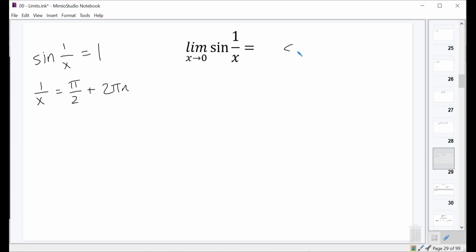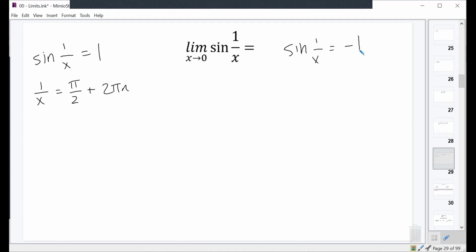Now let's also see, when does this function equal -1? Well, that'd be whenever the angle, which is again 1 over x, is equal to 3 pi over 2, or another full rotation around there. You can add 2 pi to that, that'd be 7 pi over 2, or 11 pi over 2, and so on. So we'll say plus 2 pi n for this one also.